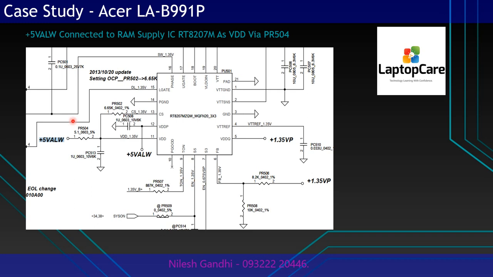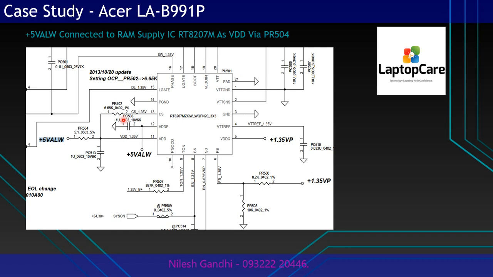Here plus 5 volt always only goes directly to PU501, which is RT8207M, U11, that is the DC to DC section, and U25, which is the USB supply section. So these are the common places where it is going directly.